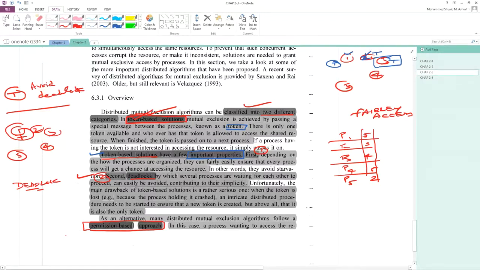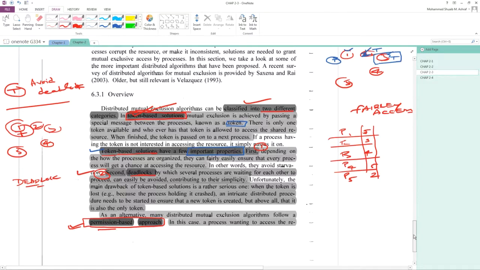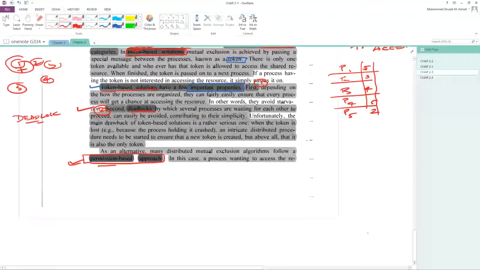Yeah, students. Okay. Now next is the permission based approach. Permission based approach means permission is required. For example, number 1, number 2, number 3, number 4, number 5: five processes are present.